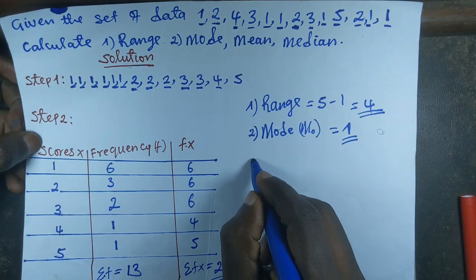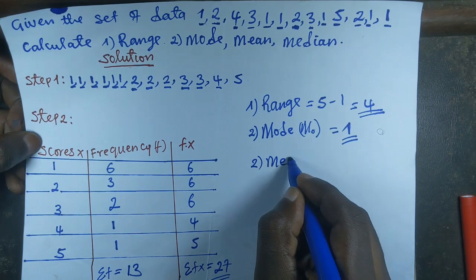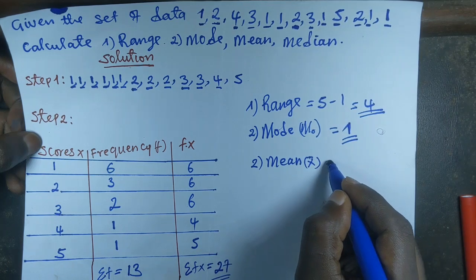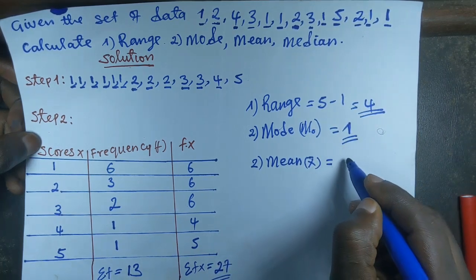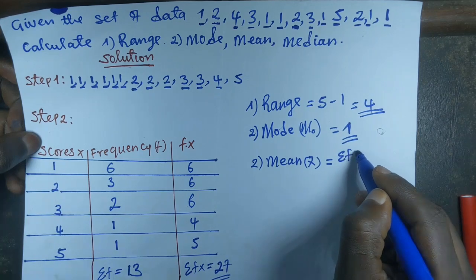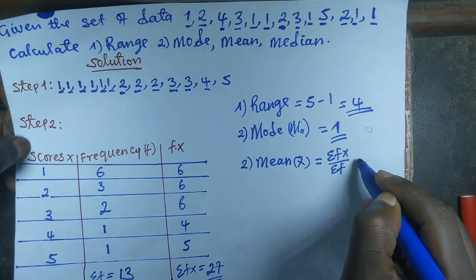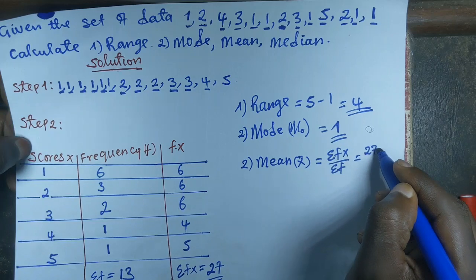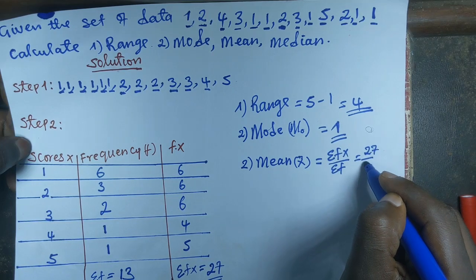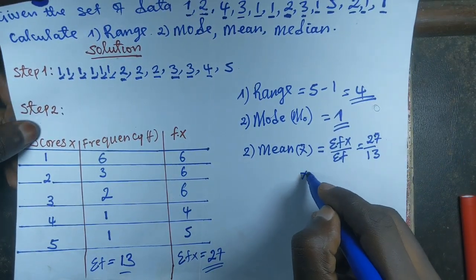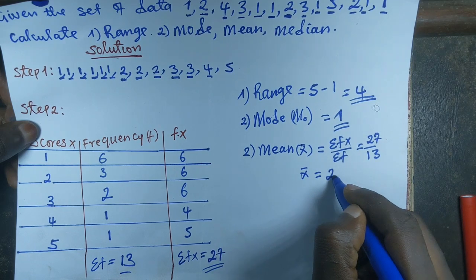So the mean is equal to the summation of fx divided by the summation of f, which is equal to 27 divided by 13. So our mean x is equal to 2.5.